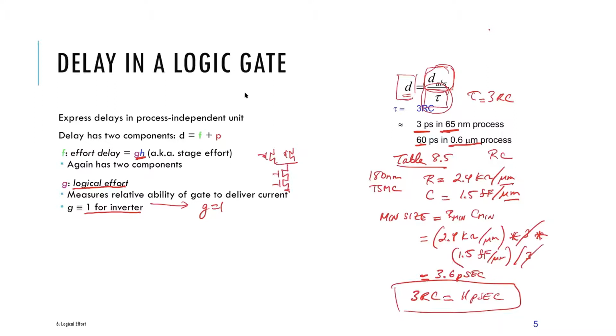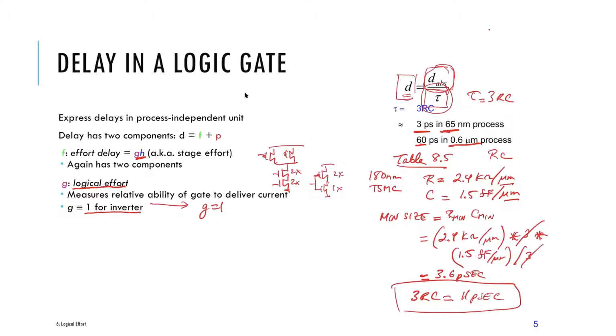we decided the NAND gate has to be sized differently to have the same drive as a 1X inverter, right? For this guy to have the same rise and fall times, this was 1X, 2X. So we decided the NMOSFETs here had to be 2X, 2X to be able to pull down at the same speed as a 1X inverter.